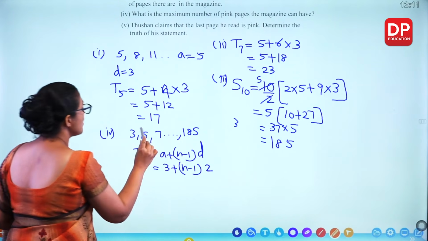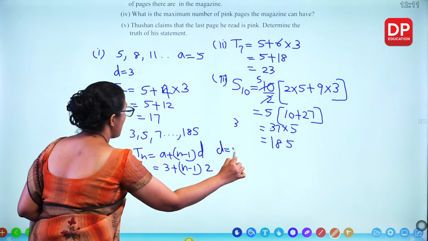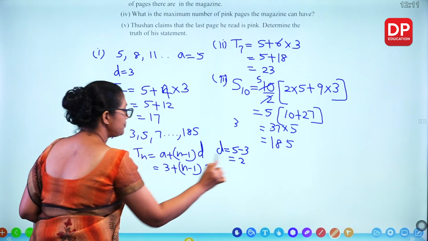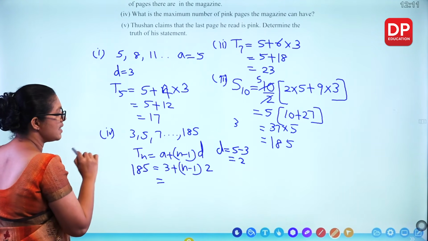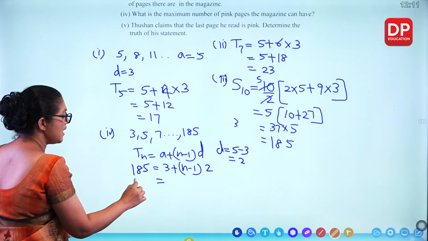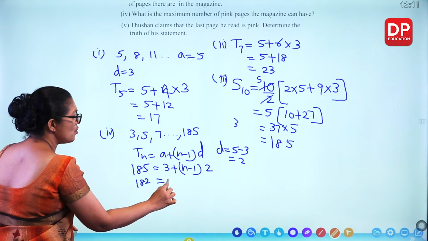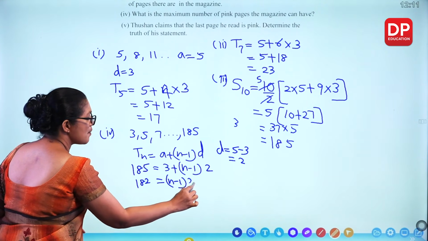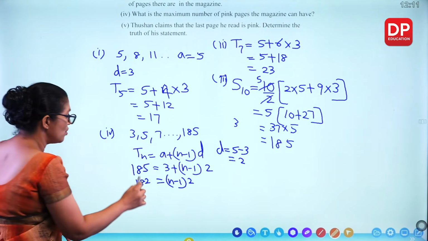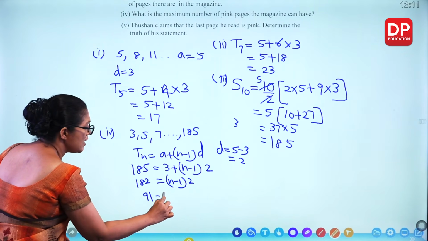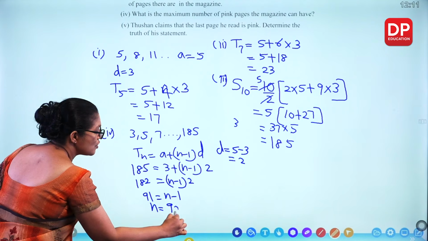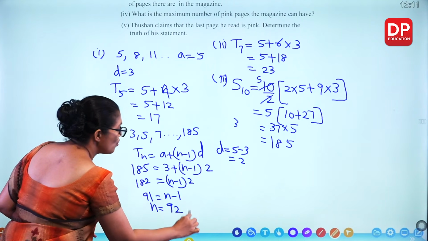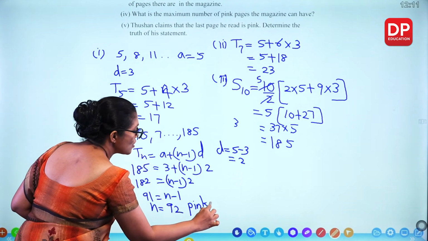This is 2 because d equals 5 minus 3. And the last term is 185. Subtract 3, you get 182 is n minus 1 times 2. Divide by 2, you get 91 equals n minus 1. n equals 92. So 92 pink pages are there.